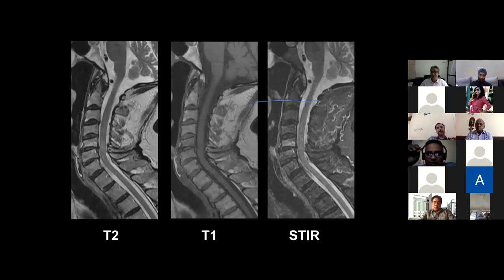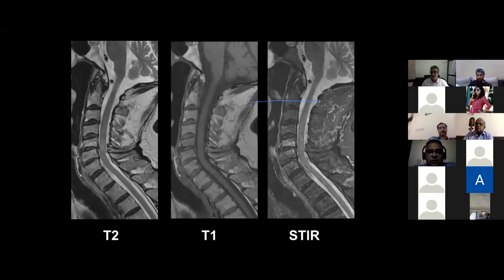Usually canal diameter was measured on CT and not on MR. But over a period of time, I get reports on MRI only, because CTs are not done and MRs are done. So now there are multiple papers on it. But usually the convention we take is 10 millimeter.